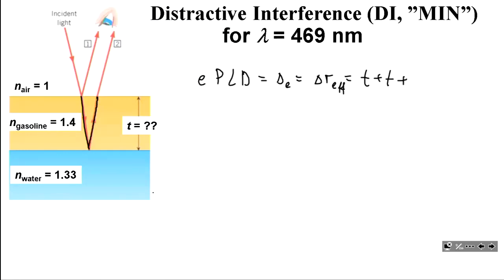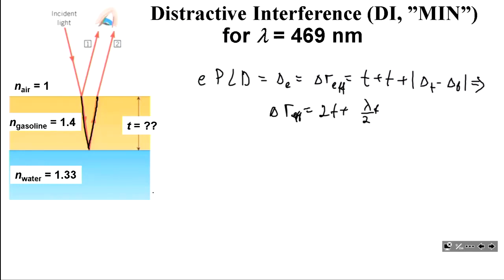But now we also should add a half of a wavelength in the film. We just have it proved.